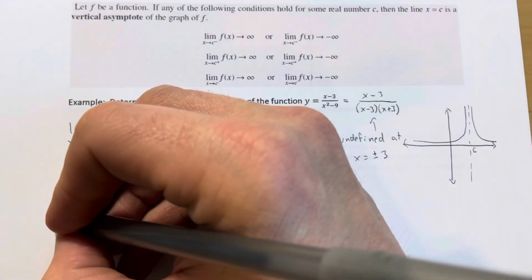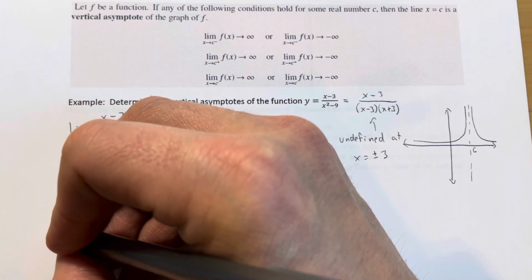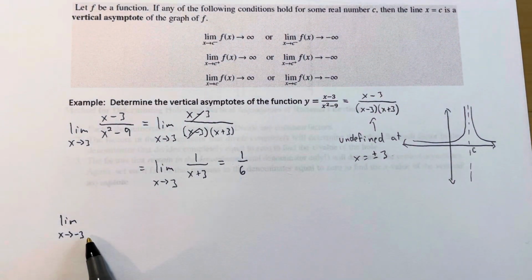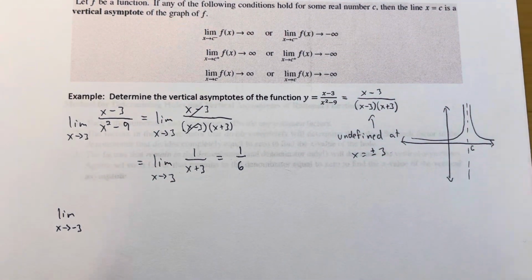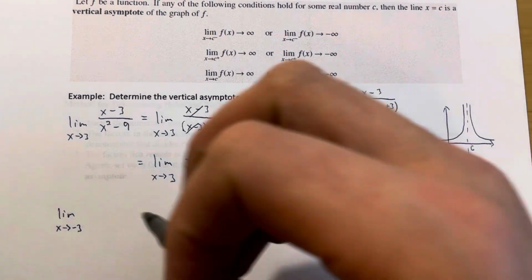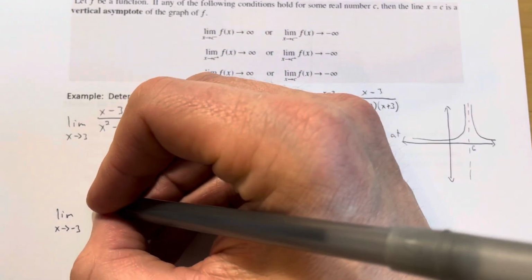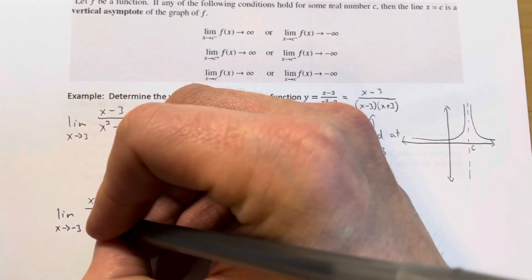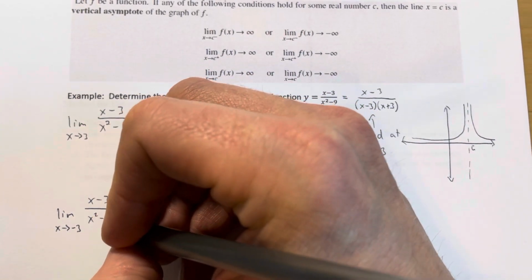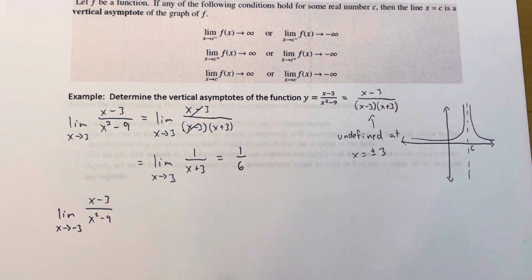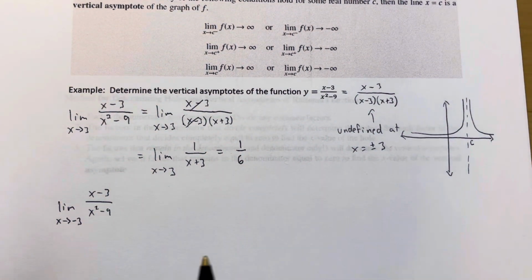Let's then look at the limit as x approaches negative 3. And it turns out we're going to have to be a little bit more specific. We'll have to look at one-sided limits, but for now, let's just think about a two-sided limit. So again, if I wanted to do this, x minus 3 over x squared minus 9, I would once again run into this issue where my denominator is coming out to 0 if I try direct substitution.